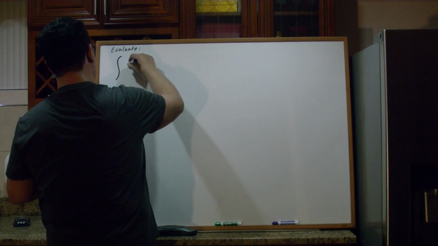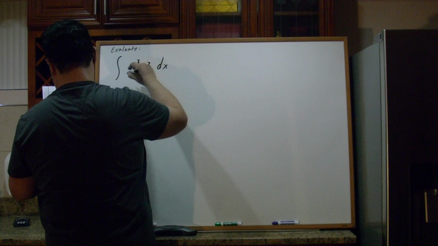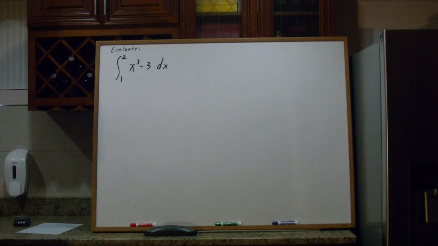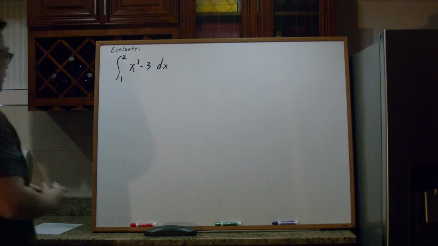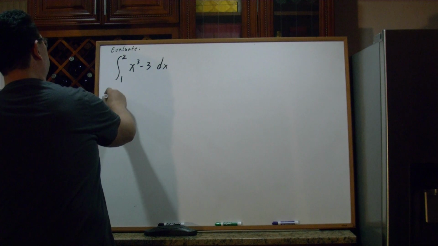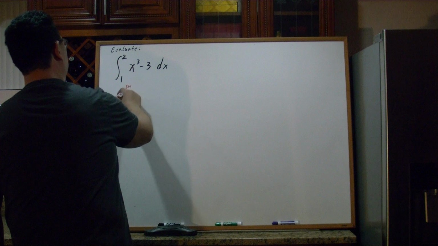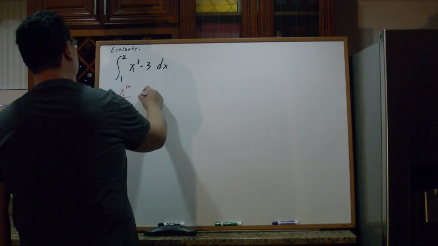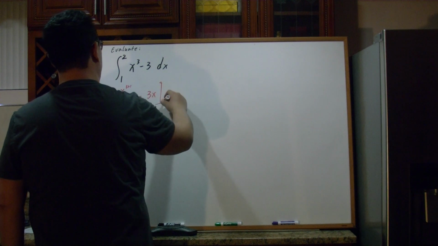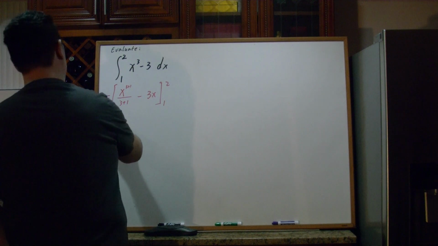The definite integral of x to the third minus 3, for x from 1 to 2. What we do is evaluate the antiderivative, that's x to the 4th over 4 minus 3x, from 1 to 2.